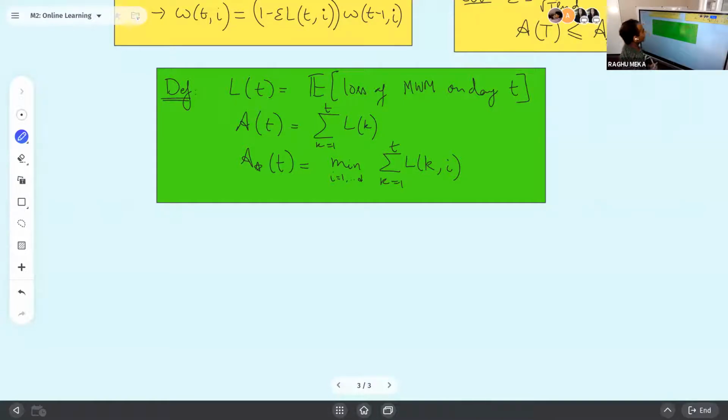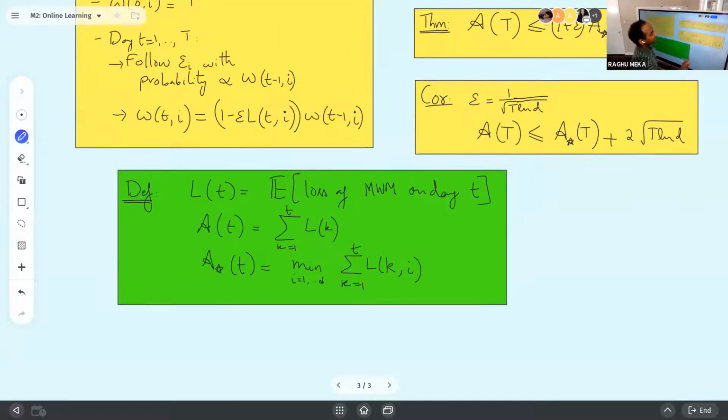So let L of t denote the expected loss of our algorithm, the multiplicative weights method, on day t. And let A of t be the total expected loss over the first t days, at the end of day t. And as usual, A star of t denotes the loss of the best expert.